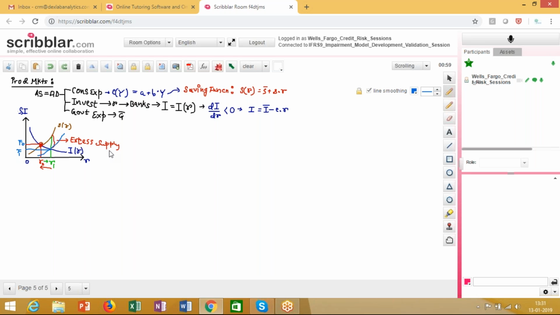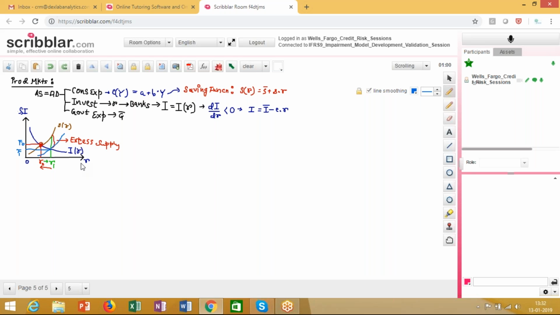And when the overall economic activity goes down, the economy gradually is exposed to a downturn accompanied with an increase in the unemployment rate, and after some period of time it would result in an increase in the default rates, because the earning capacity of the people would gradually start going down.